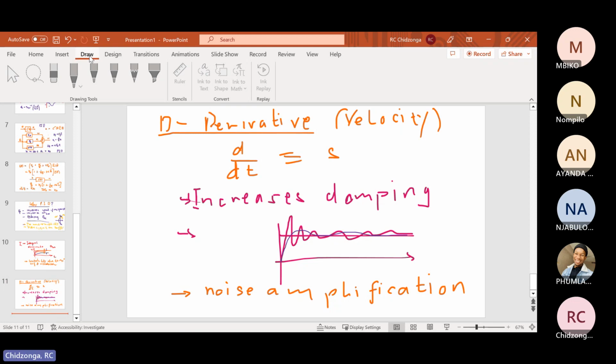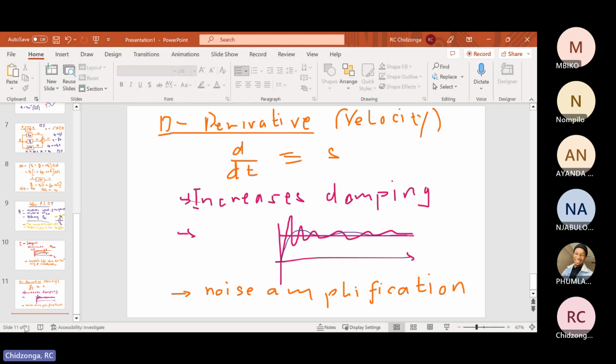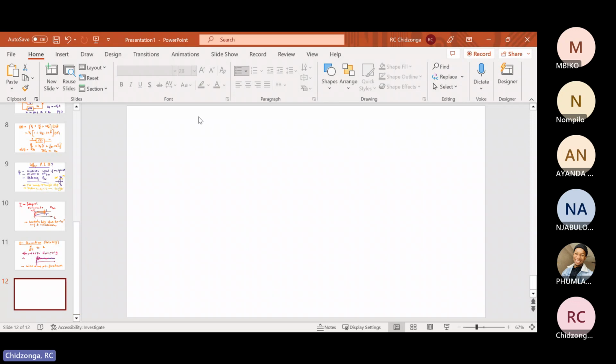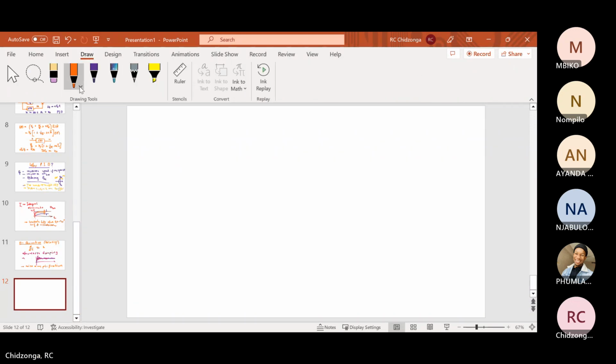So now, how do you make sure that when using the three-term controller, the PID controller, you can reap the benefits but avoid the disadvantages? Now, this problem is called tuning a PID controller.